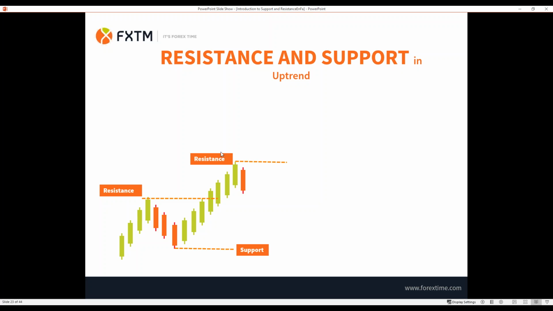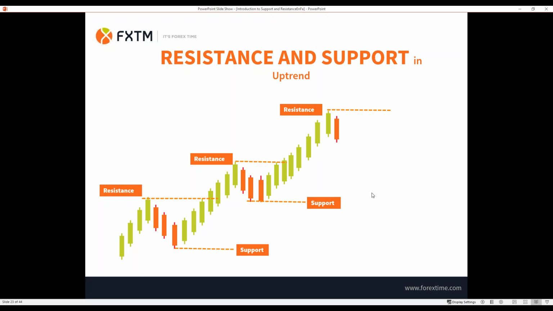You have another top, it's another resistance. And if this uptrend is strong, this resistance will be broken. And what do you have here? You have another resistance. And this resistance will be broken again if we have a strong uptrend.